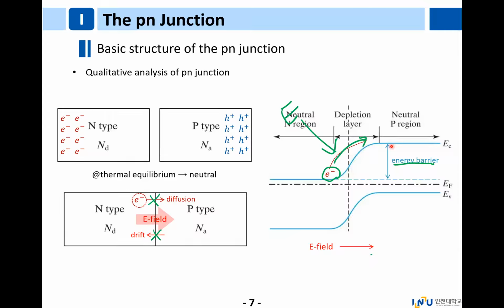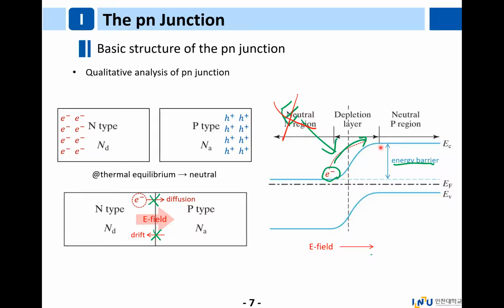But the problem is, however, that during thermal equilibrium there is no additional energy. So the electrons are unable to overcome this energy barrier and cease further movement.